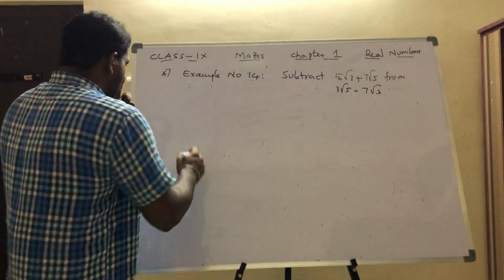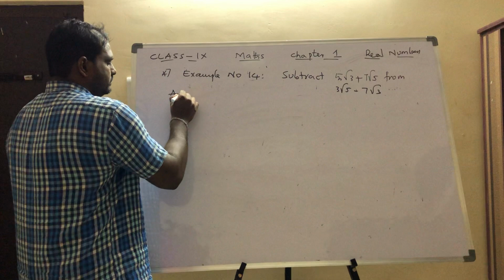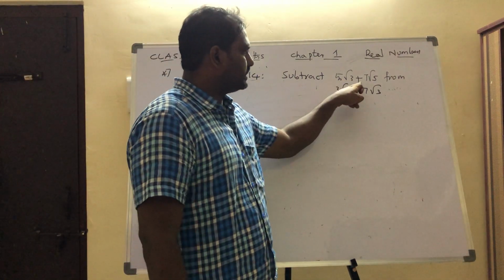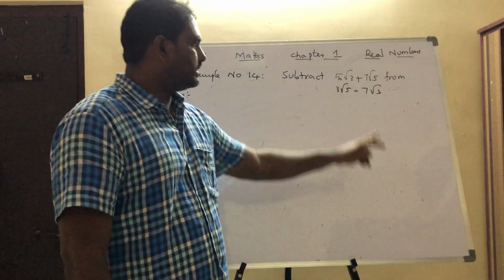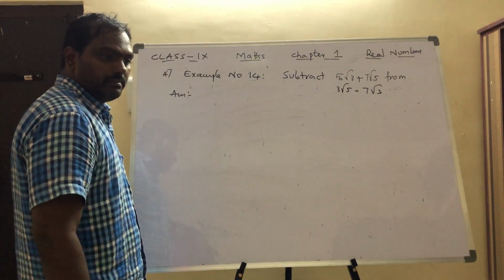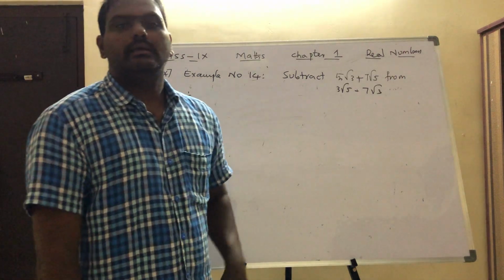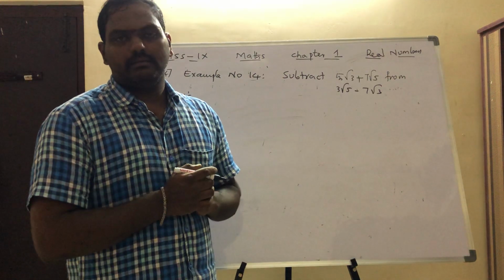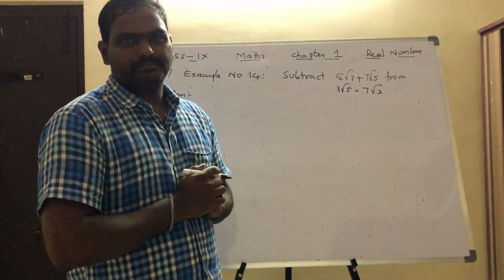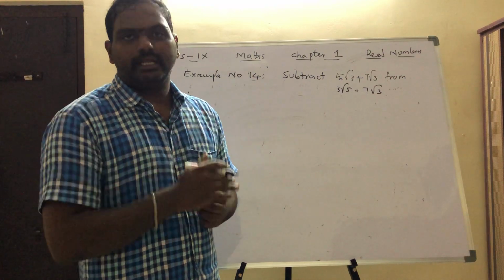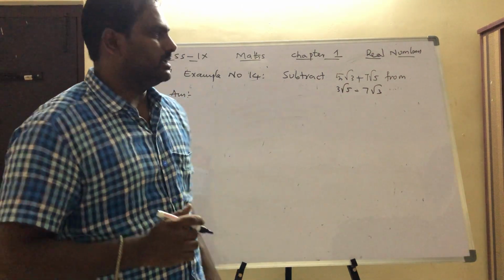Now how to do it? Answer. Subtract is given. Most students will write the first number first and then the next number. That is wrong. Subtract B from A means A minus B. Subtract 3 from 5 means 5 minus 3. Subtract 10 from 20 means 20 minus 10.